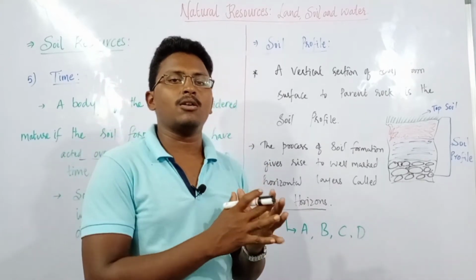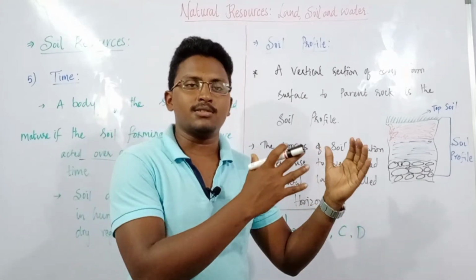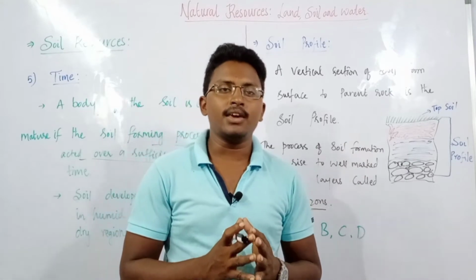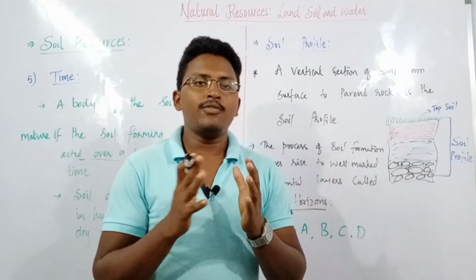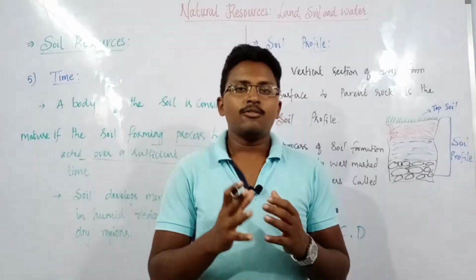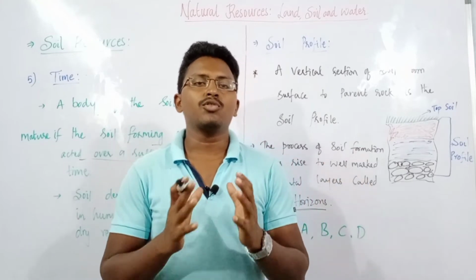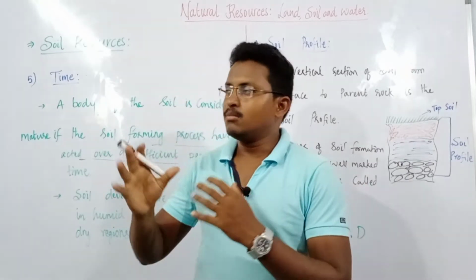If not, we will call it immature soil. If it is formed within a short time, or within a lesser time, we will say it is immature soil. When the soil has taken sufficient time, that means more time to form, then we call it mature soil.